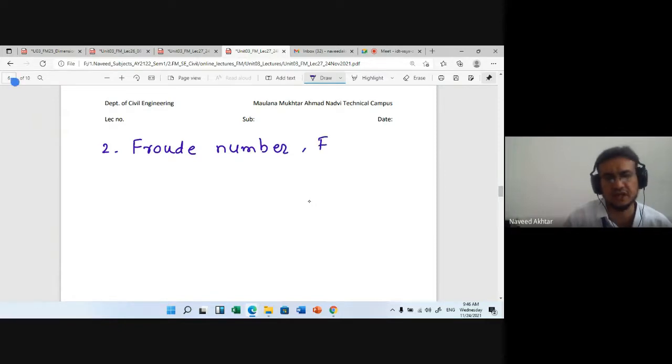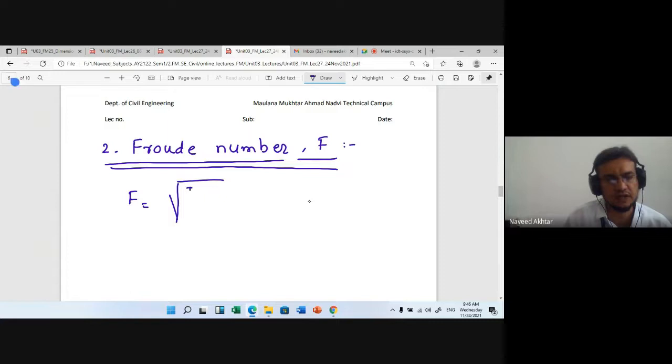It is generally denoted by F. It is the square root of the ratio of inertia force to the gravitational force.